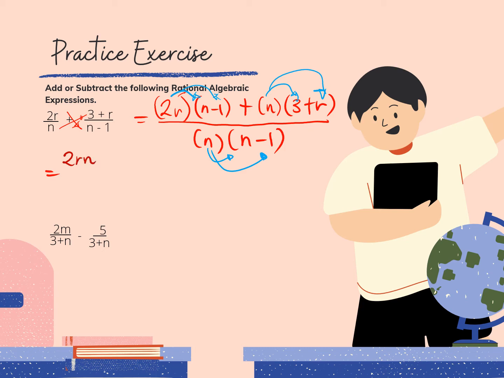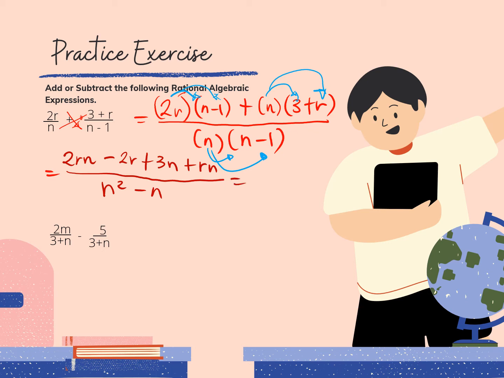And then 2r times negative 1, so that will be minus 2r. Next, n times 3 will be plus 3n, and then n times r will be rn. And then all over n times n, so this is n squared, and then n times 1 will be n, so minus n.